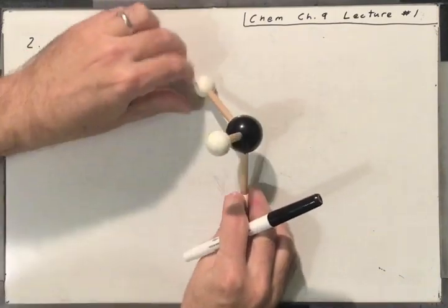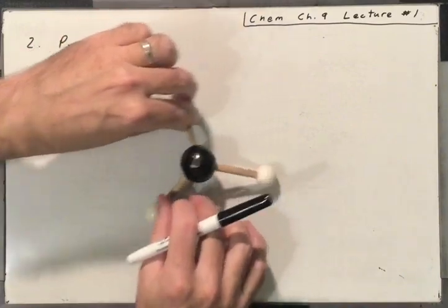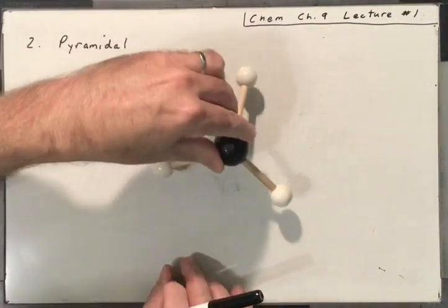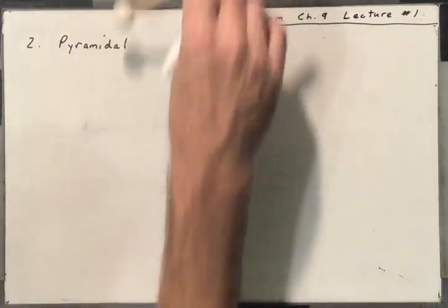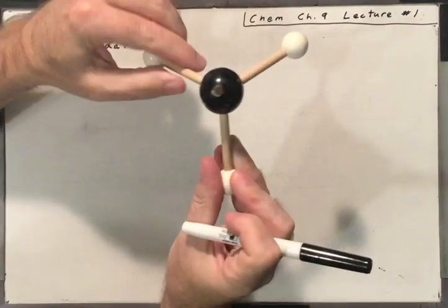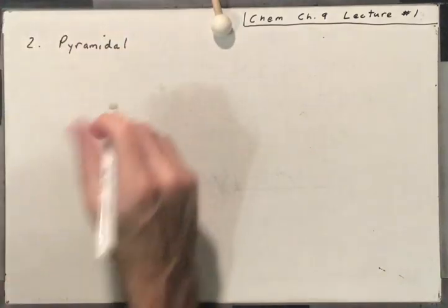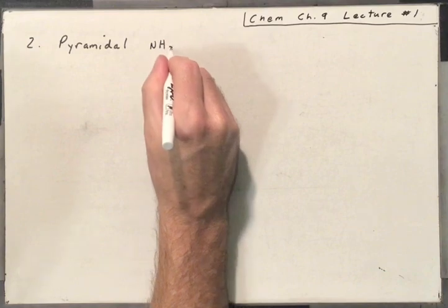So I hope that you can see the 3D nature of that from the overhead camera. So it just makes a pyramid. Okay, pyramid like that. All right, so what it has is a central atom surrounded by 3 atoms that have single bonds. Okay. So an example of pyramidal shape is NH3.